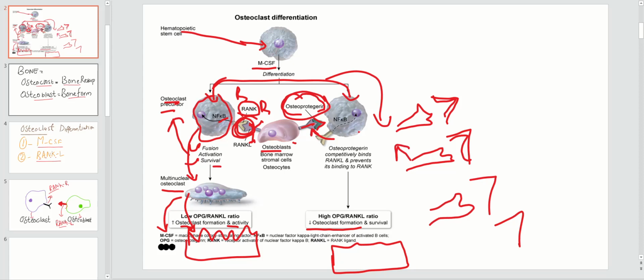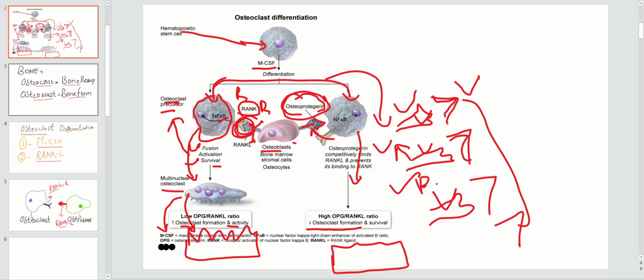So when your osteoprotegerin is higher than the RANK ligand, there will be no activation of the osteoclast precursor cells, so that leads to the formation of bone, or they won't let the bone be resorbed by the osteoclast, because the number of osteoprotegerin is higher than the number of RANK ligands. So this one is the RANK ligand, don't confuse, and sorry about my picture, right? So a high ratio prevents osteoclast activation, so your bone wouldn't get resorbed.